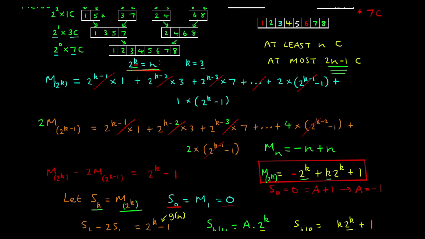So you'd get k is log n plus 1. And therefore the time complexity of the merge sort algorithm is O(n log n), given that n log n is the fastest growing term.